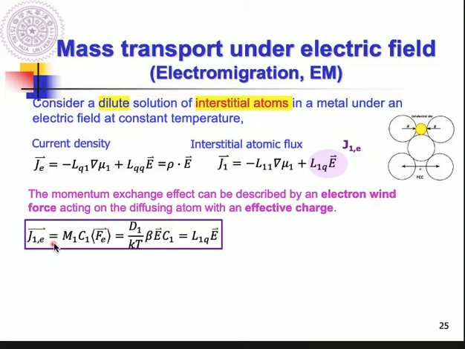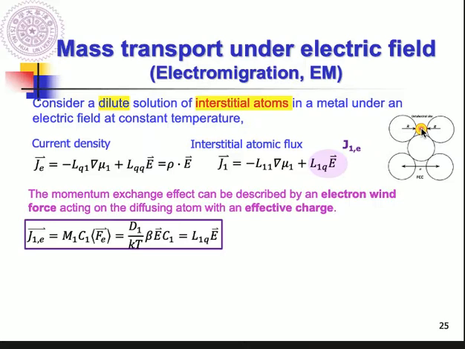So it can equal the mobility of this interstitial atom times the concentration of this interstitial atom. You know, you dope it, so you can use EPMA or EDX to know the concentration of this interstitial atom, and the driving force. So how do we formulate the driving force acting on this interstitial atom?